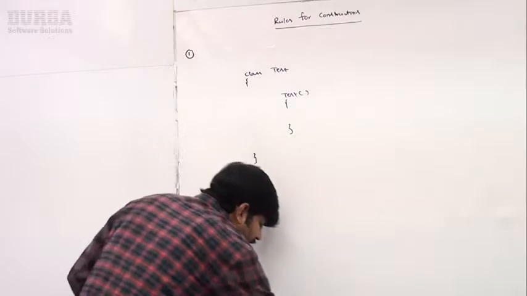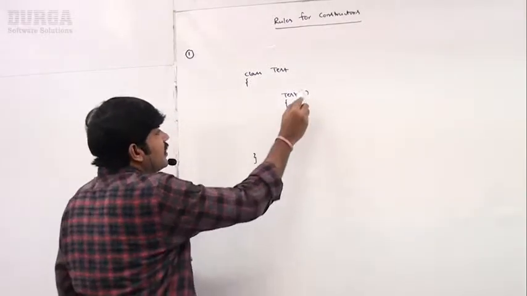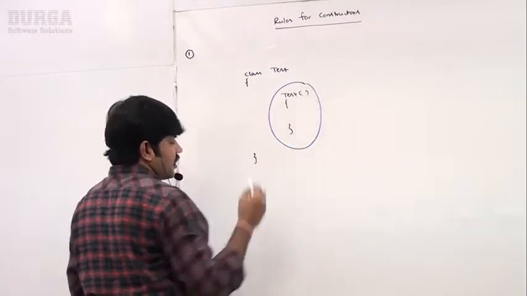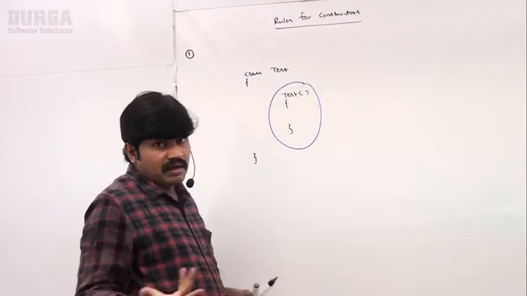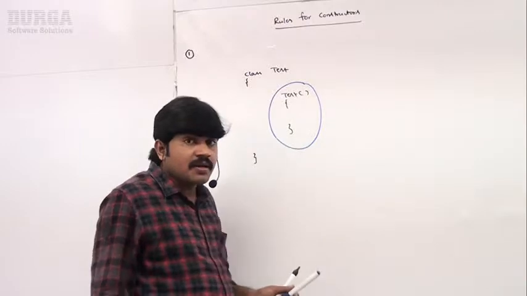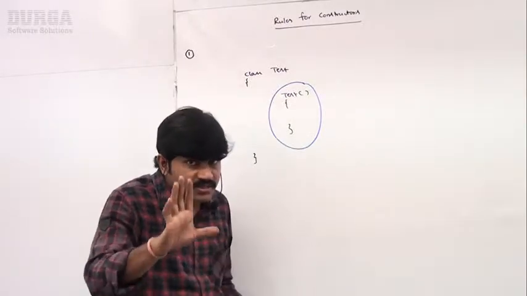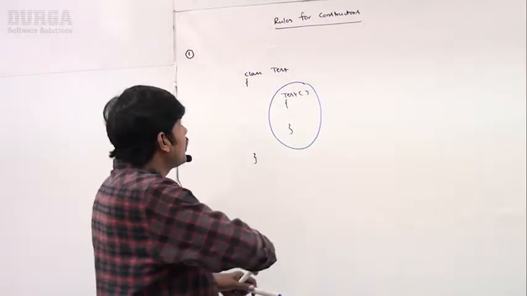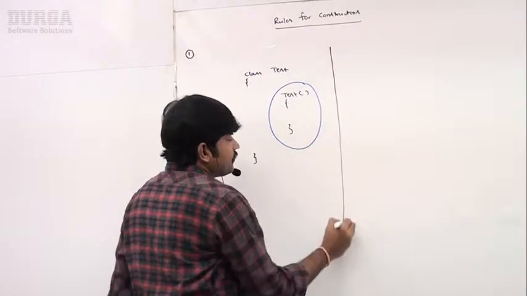If you take it like this, it becomes a constructor. The first rule I already covered, no need for much explanation. Simple rule, right?